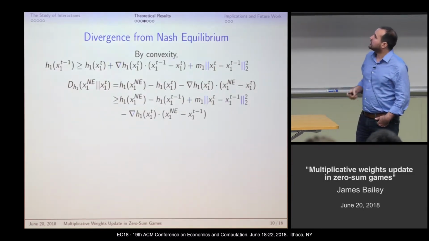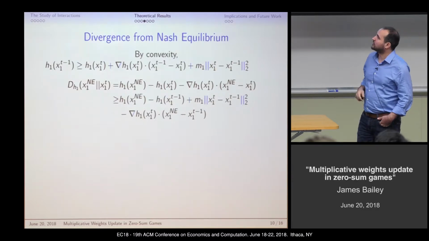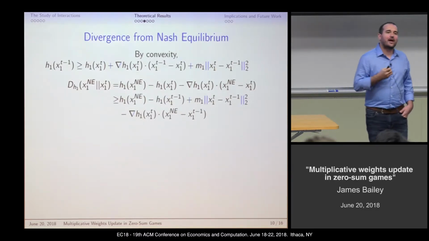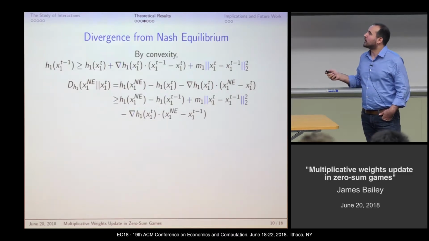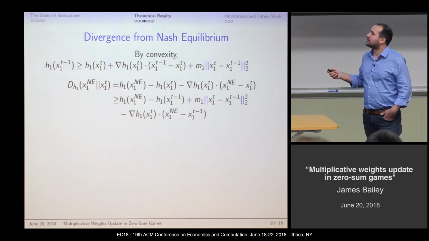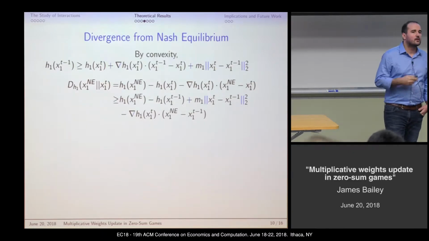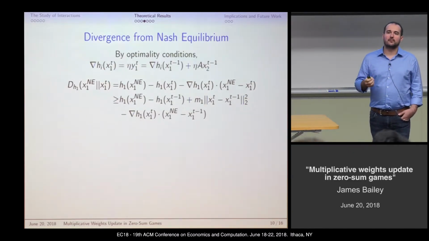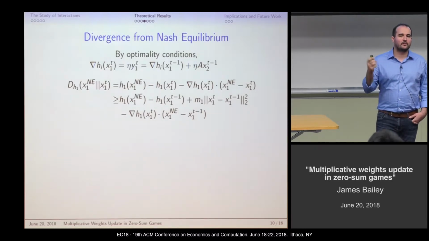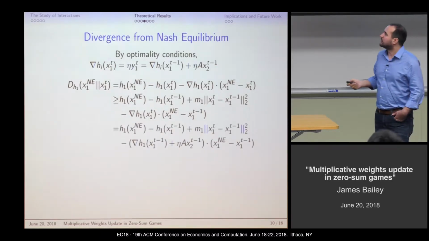What we see is the Bregman divergence is the regularized Nash equilibrium term minus the regularizer at time t minus the gradient at time t. We're really close to having that for time t minus 1. We have the Nash equilibrium term, the regularizer, and the gradient, but regrettably it's at time t. Fortunately, the optimality conditions give a relationship between the gradient at time t and the gradient at time t minus 1, so we can plug that in.